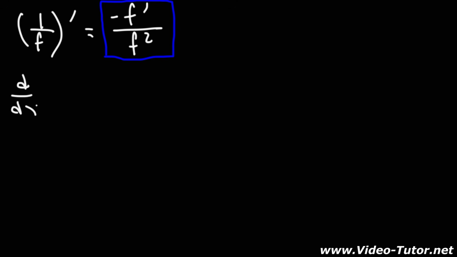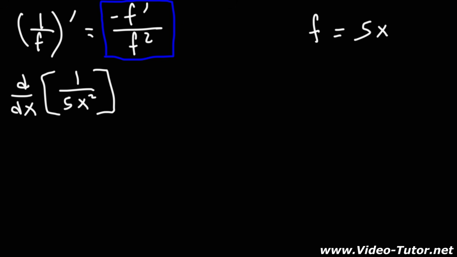So let's find the derivative of 1 over 5x squared. So go ahead and differentiate that expression using the reciprocal rule. Feel free to pause the video if you want to. So in this problem, f is 5x squared. f prime, the derivative of 5x squared, that's going to be 5 times the derivative of x squared, which is 2x.